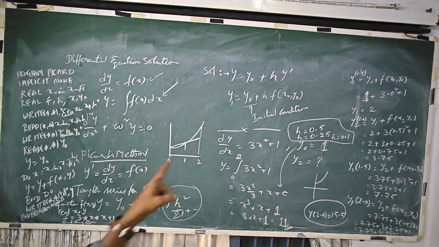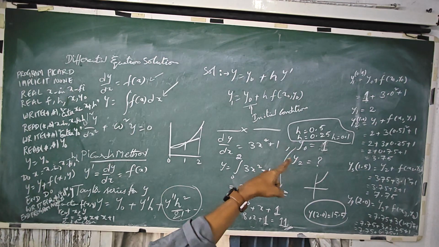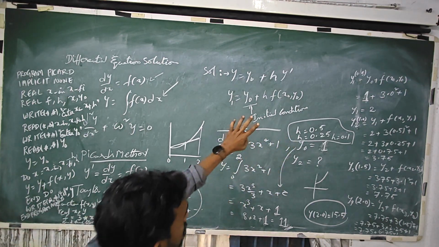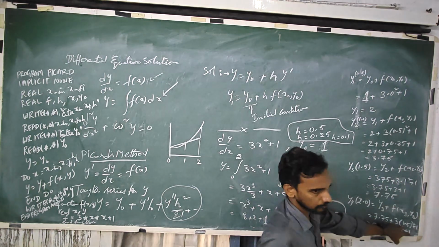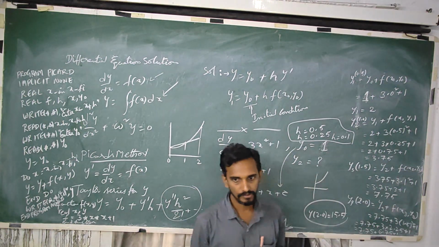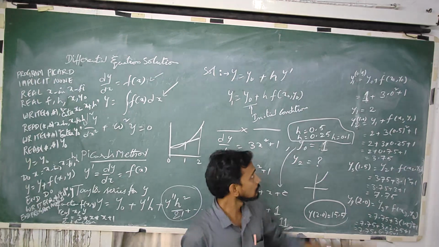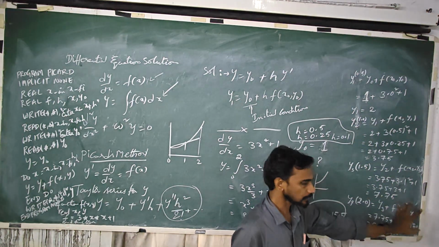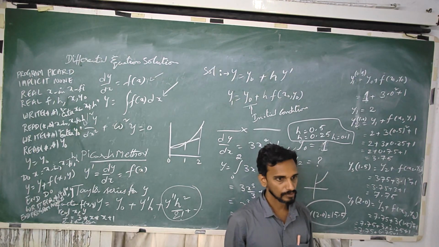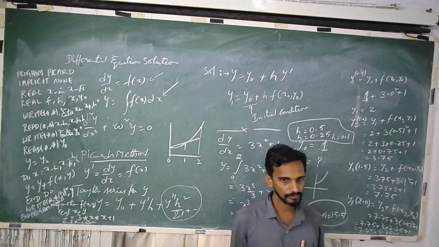When we are starting from 0 and going up to 1.5 here, 0, 0.5, 1, 1.5 to get the value of 2.